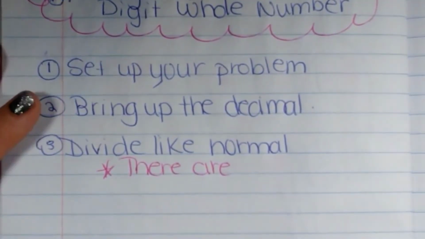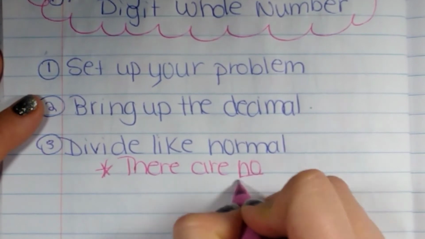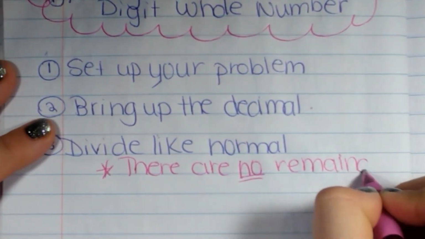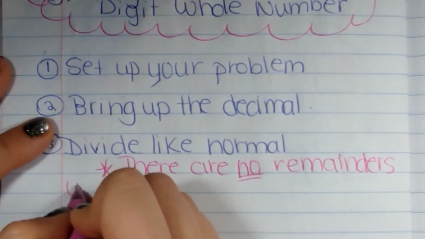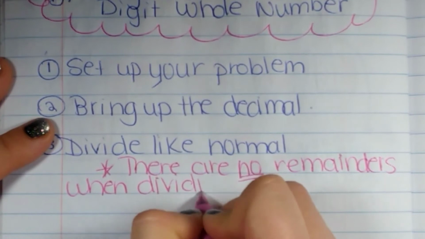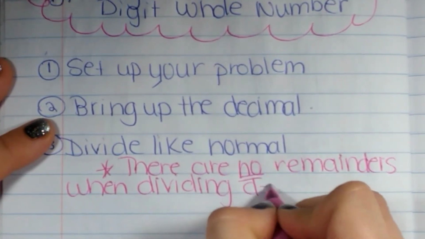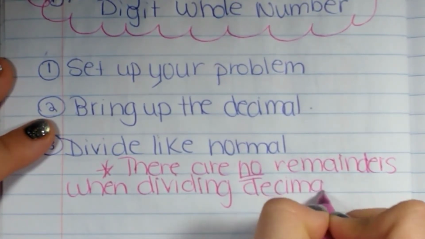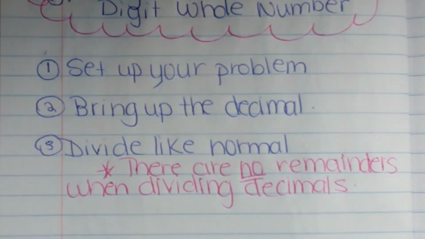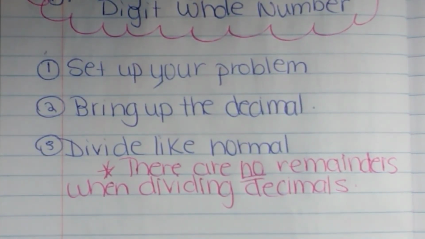Let me move this up. There are no remainders when dividing decimals. If you end up with a remainder, then you have to do the following.